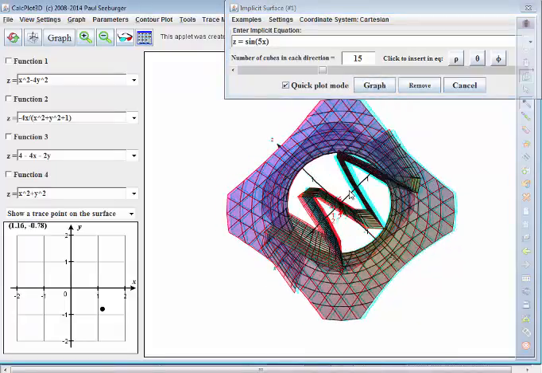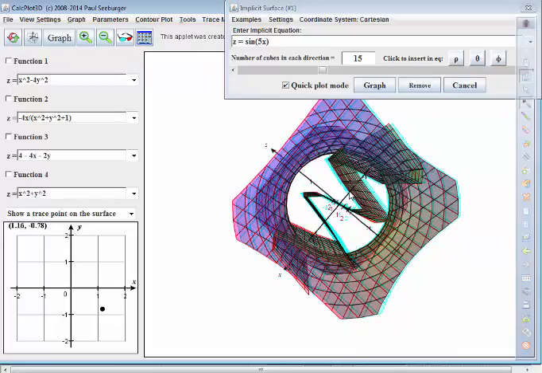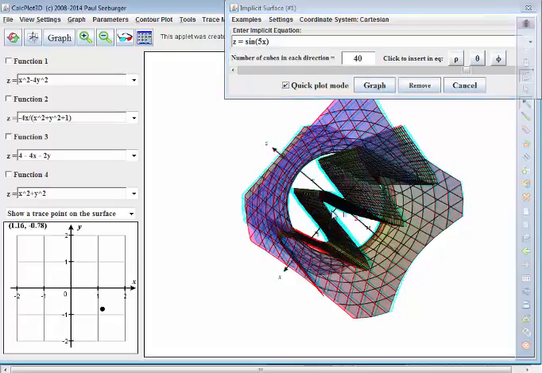Oh, it kind of became... I told you why this happens, right? It's interpolating according to the number of points you tell it. So this is a number of cubes in each direction. If we want it to be finer, we make this larger, and then it becomes smoother.